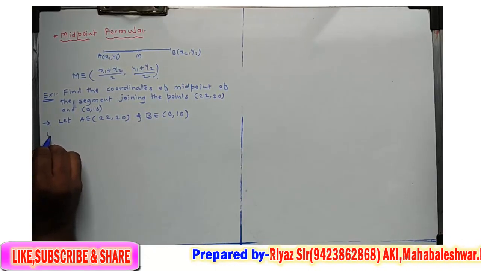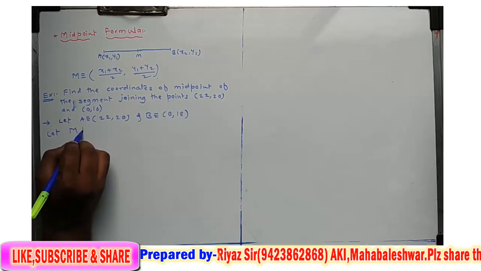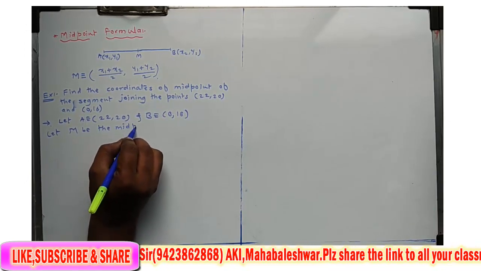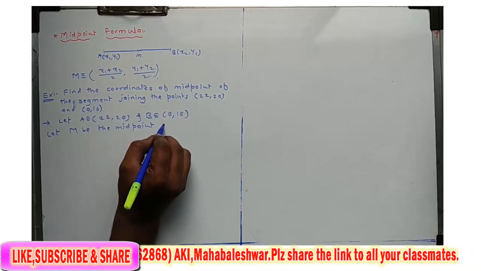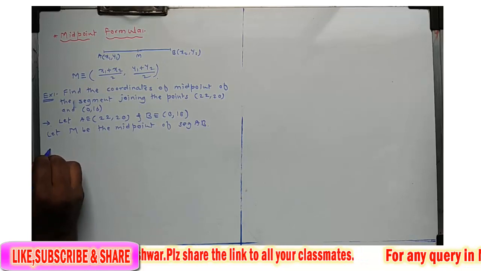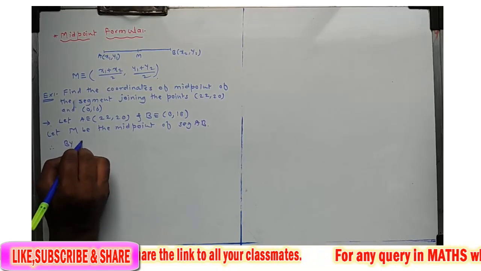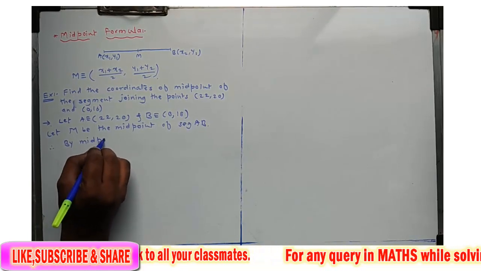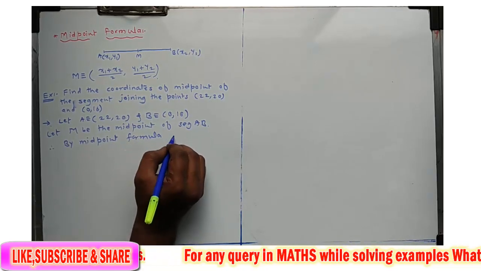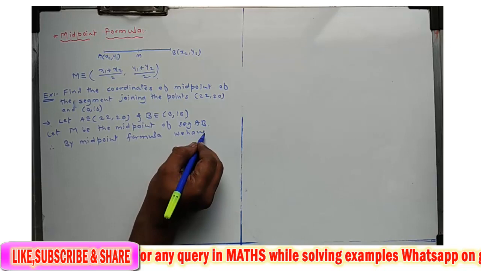Okay, let capital M be the midpoint of segment AB. Therefore, by midpoint formula, we have, क्या मिलेगा हमको?